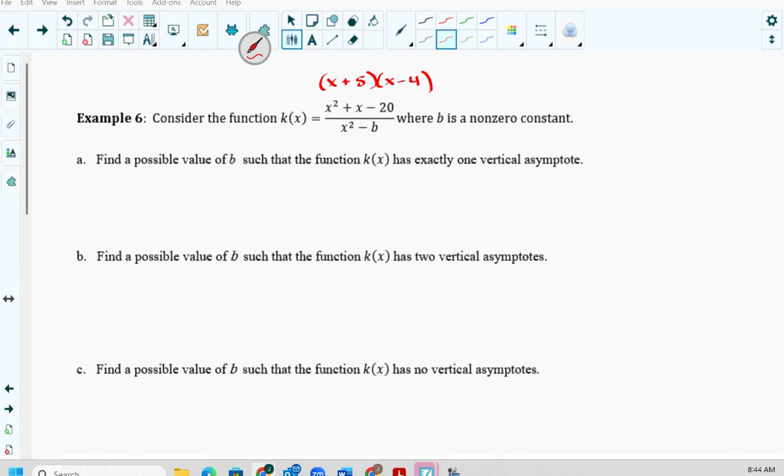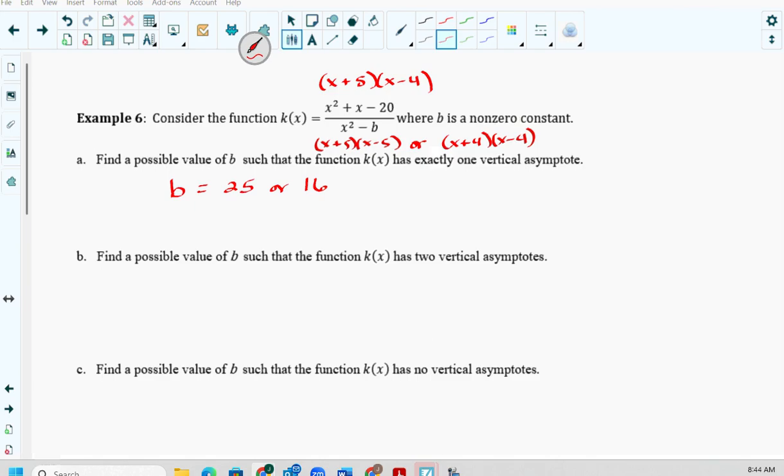So you could either have this be like x plus 5, x minus 5. Do you see how that would give you one vertical asymptote? Or if your denominator was x plus 4, x minus 4. So b could be 25 or it could be 16. Are you with me? Makes sense?